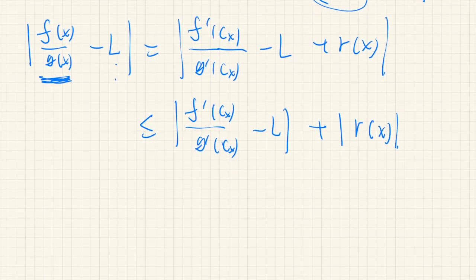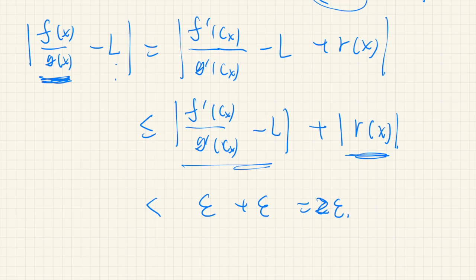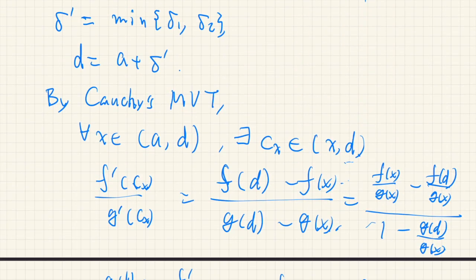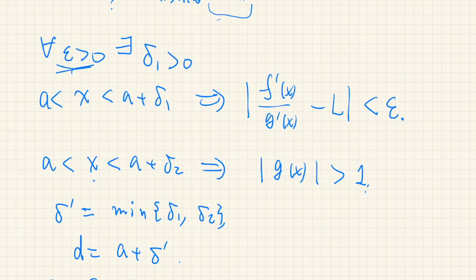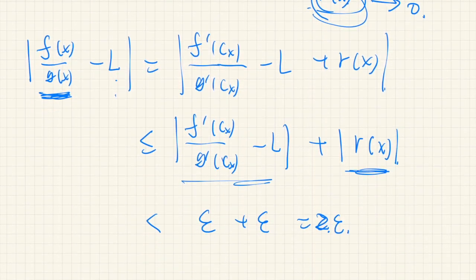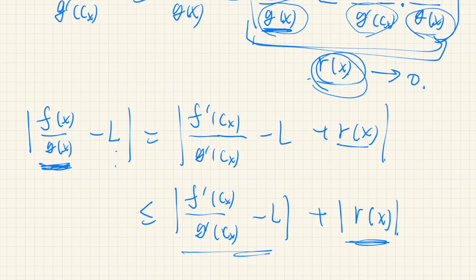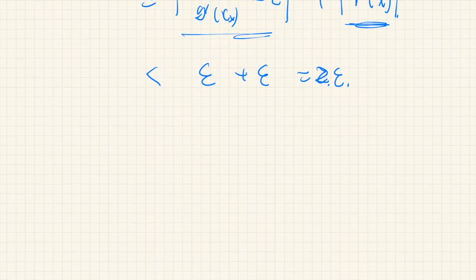Okay. Now this converges to 0 and this converges to 0. That means this is less than some arbitrarily small positive number, let's say epsilon, as we have introduced here. And if r of x converges to 0, then it can be arbitrarily small, that is less than epsilon.